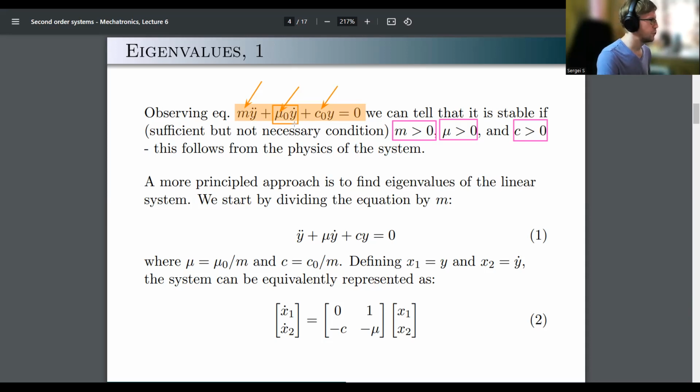Kinetic energy depends on velocity, potential energy depends on position, in this case, on deformation of the spring. But both, like the sum, diminishes to 0. That means kinetic energy also diminishes to 0. Means motion will be slowing down. So there'll be less and less of motion. Eventually, the system will stop. So this is a kind of definition of stability. That is a physical way of looking at it.